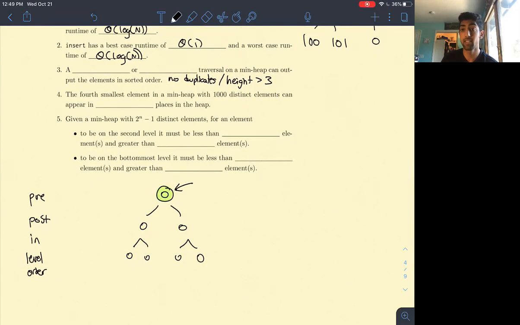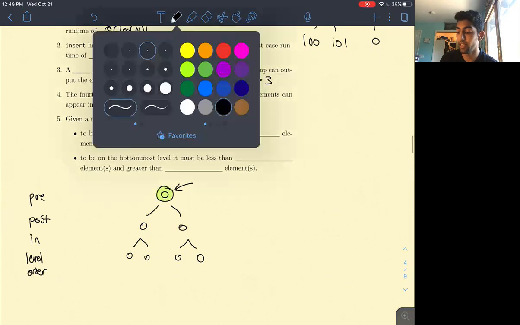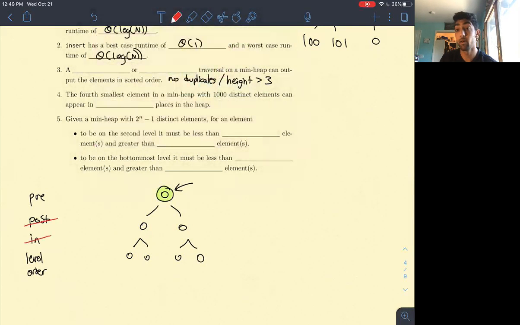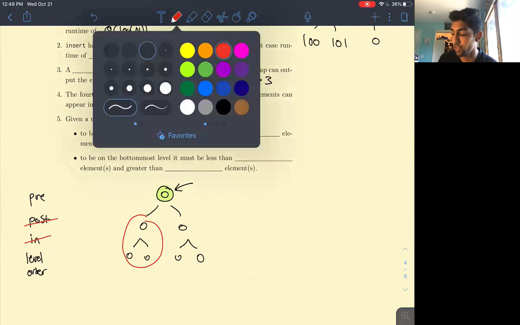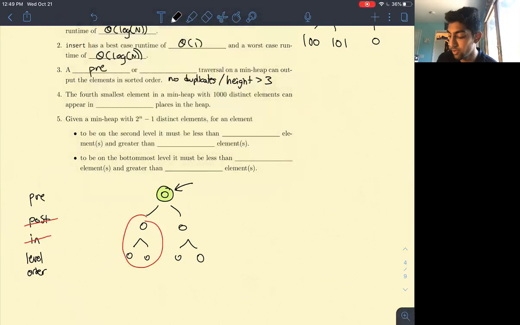If we look at these traversals, we can eliminate a post-order and an in-order traversal because post-order and in-order traversals first visit the left before visiting the current node. So with that in mind, there's only 2 possible traversals that are left, and we can put them in for our answers. So we can say a pre-order or level order traversal.